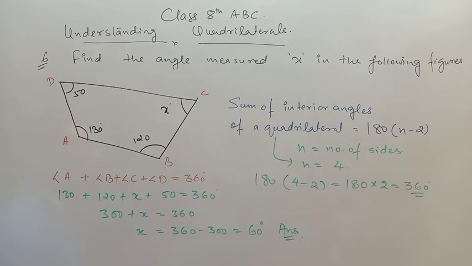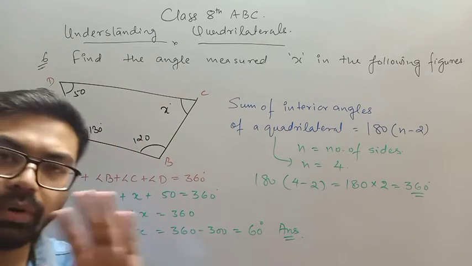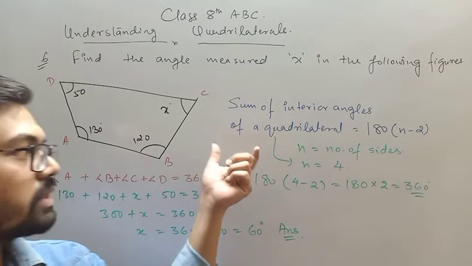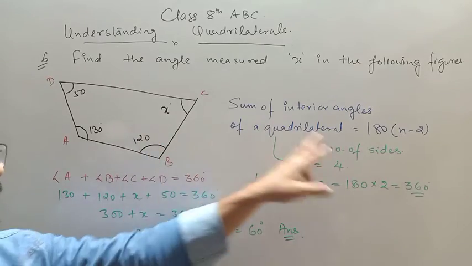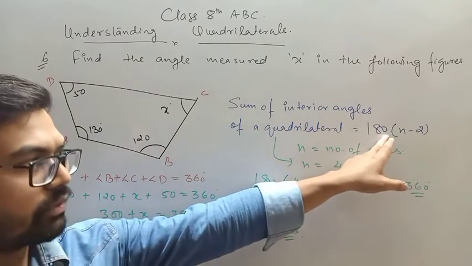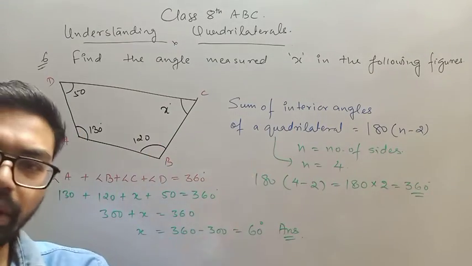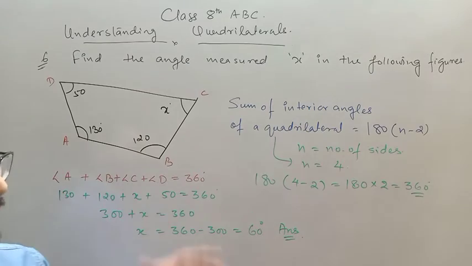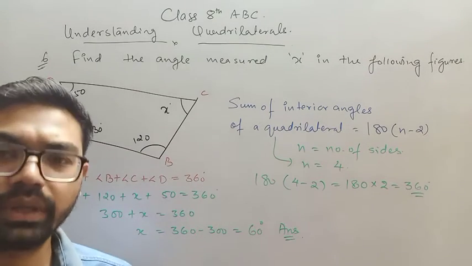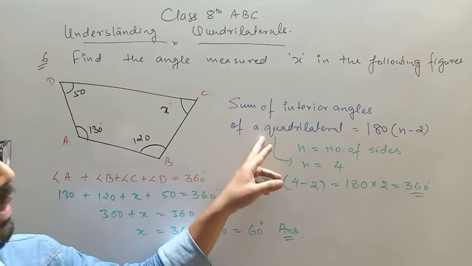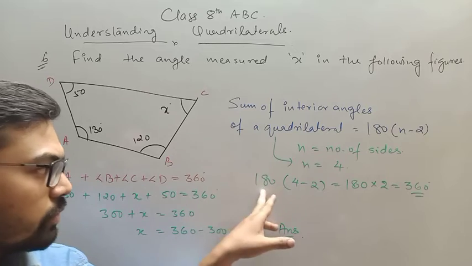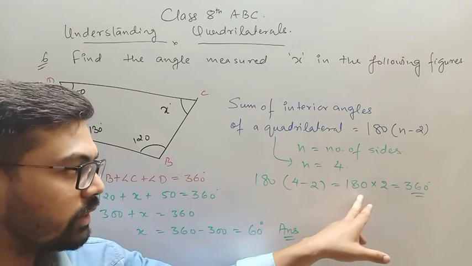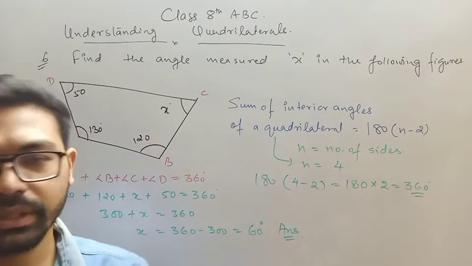I have already explained in the earlier lecture that if you have a polygon, then the sum of all its interior angles is equal to 180 (n minus 2). This is the general formula where n is the number of sides of that polygon. Okay, and these polygons are especially convex polygons, right? In case of a quadrilateral, the value of n is 4. So 180 times (4 minus 2) gives you 180 into 2, that is 360.